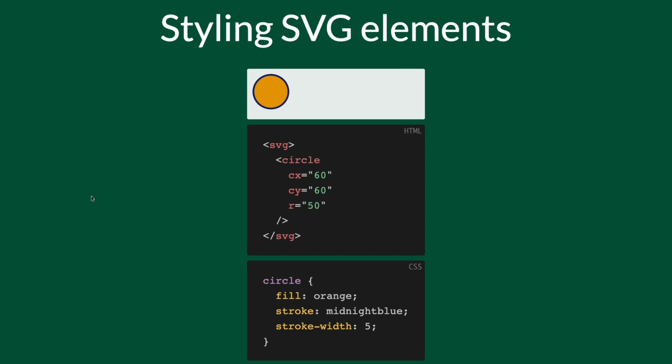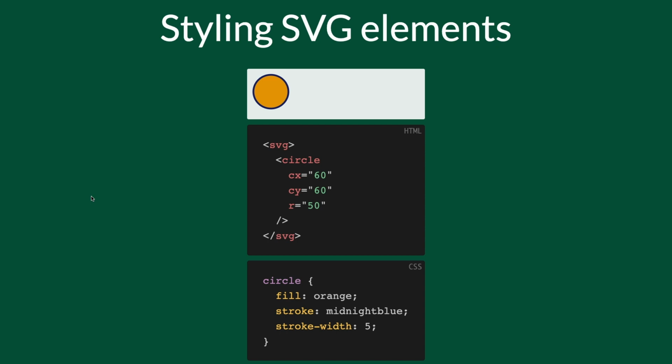Now, styling SVG elements is also similar to HTML, but a little bit different. Just like with XML, where we have to learn some new element types, you also have to learn some new CSS properties.